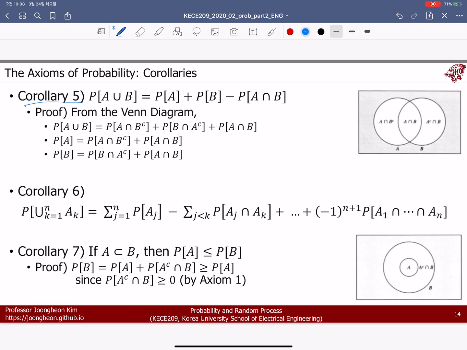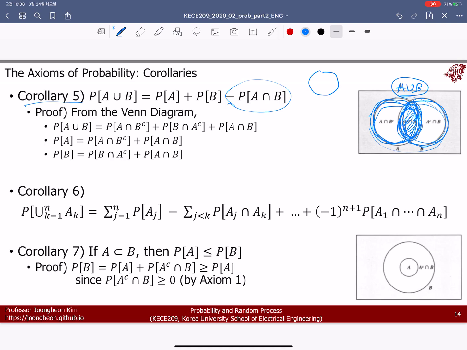This is A union B, and you are taking the probability of A first, and then the probability of B. Then you can see that this area is counted 2 times. That's why you have to subtract this space 1 time. Then we can get this one. So we can easily do this proof by drawing this Venn diagram.